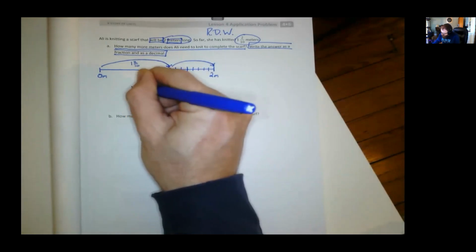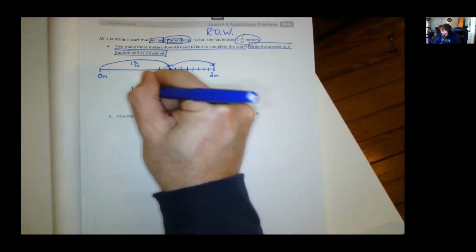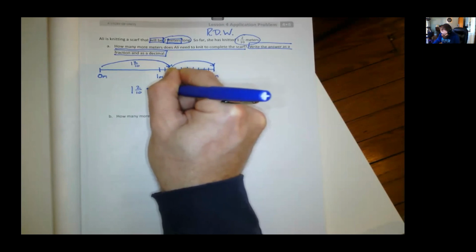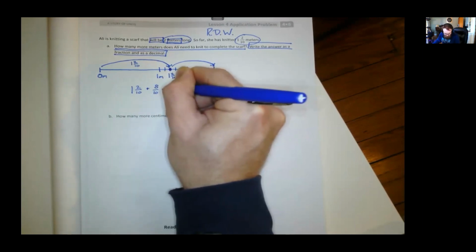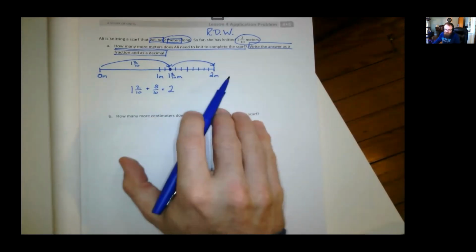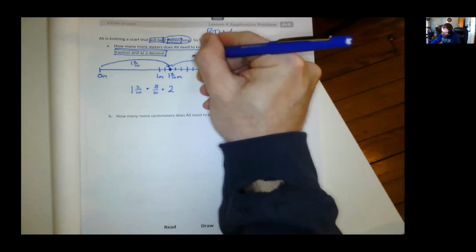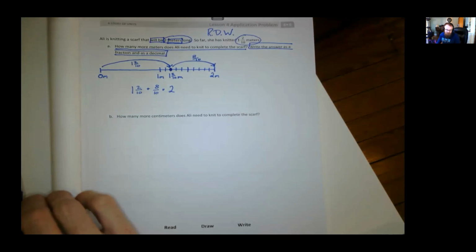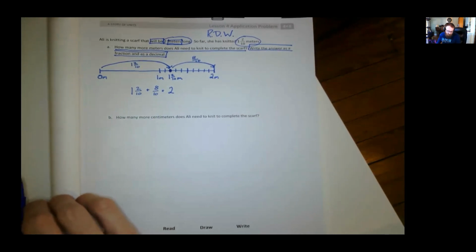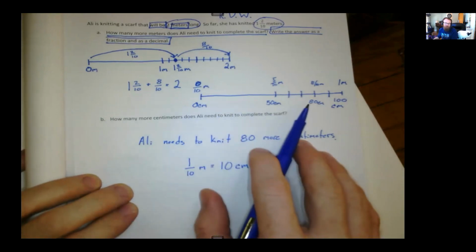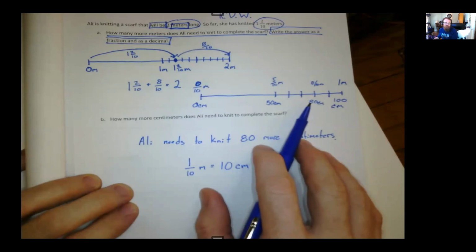8/10. And we can see that here in a number sentence. 1 2/10 plus 8/10 equals 2. Okay, there is another way that we can represent this information using meters and centimeters.